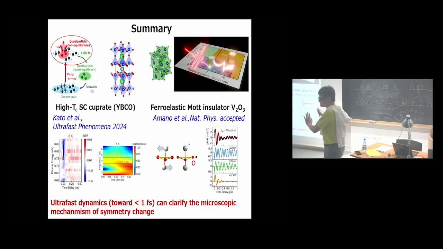So this is the last of the few minutes I have. Okay, this is a summary. As a conclusion, what I have to say is that ultrafast dynamics, maybe toward 100 attoseconds, can clarify the microscopic mechanism of the macroscopic symmetry change. Thank you for your attention.